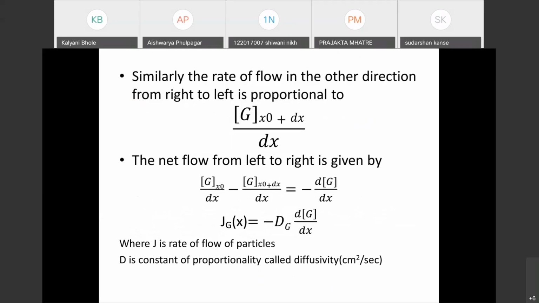Similarly, the rate of flow in the other direction, from right to left, is the concentration of glucose at x0 plus dx upon dx.